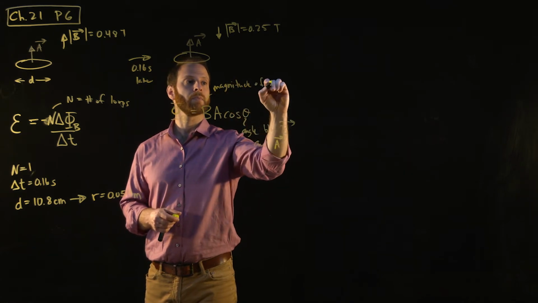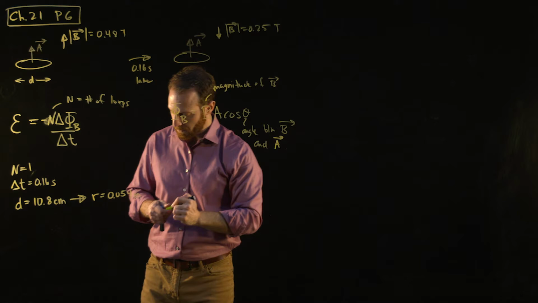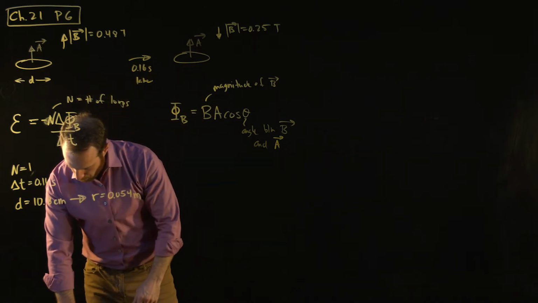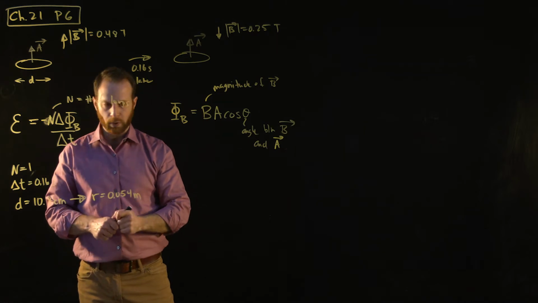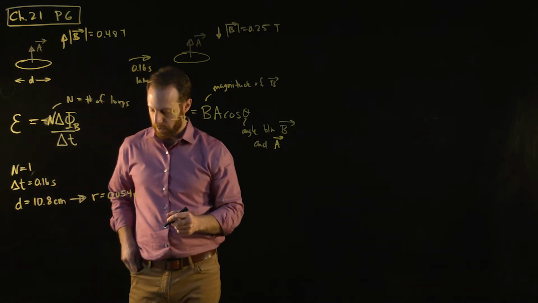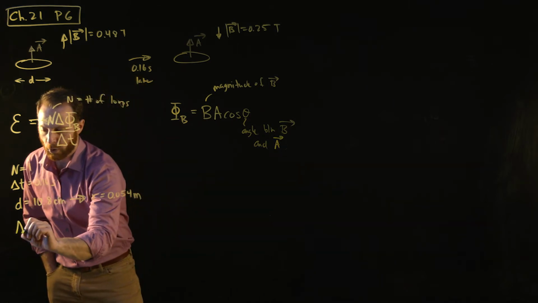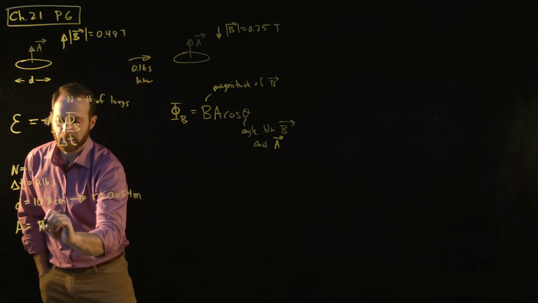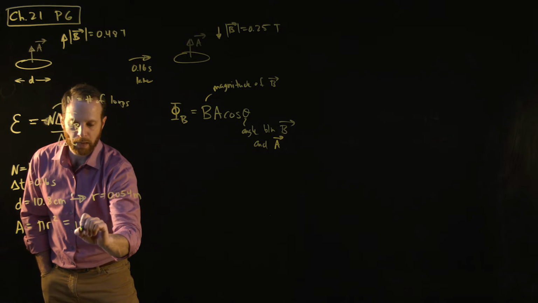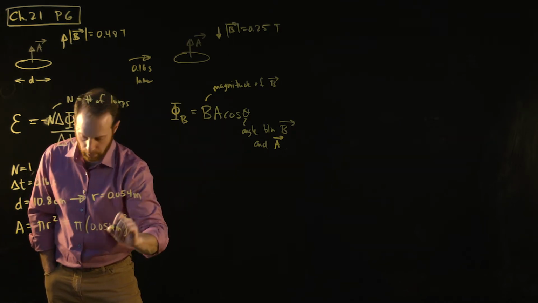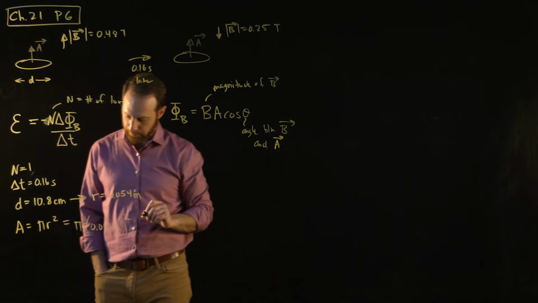Magnitude of B. Okay, so so far so good. What we need to do apparently is calculate the area. So that is not bad. I'll write that down. The formula is pi times the radius squared, and so that will be pi times 0.054 meters squared. I'll put in the details in a bit.